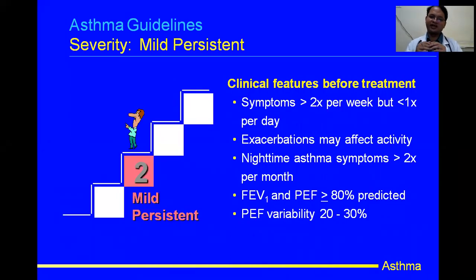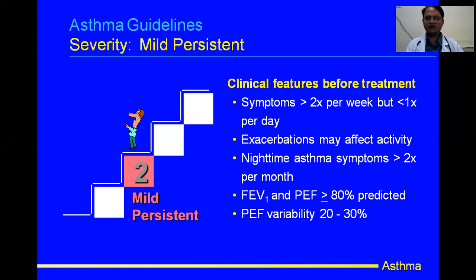The second grade is mild persistent. Here, the patient will be having clinical symptoms of asthma of more than 2 episodes per week, but less than daily. That is, it will not be present daily, but it will be ranging between 2 to 6 times per week. Exacerbations can occur which affect the activity.